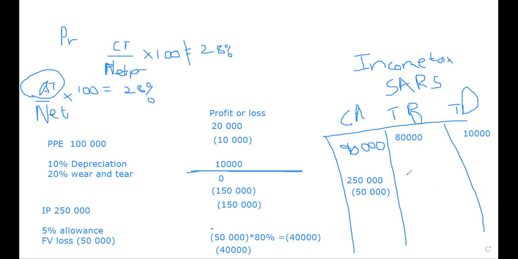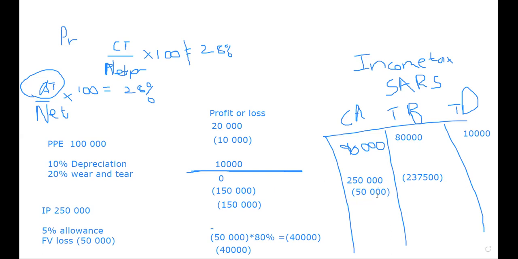So 250 multiplied by 5% gives us 12,500. If you say 250,000 minus 12,500, that gives us an amount of 237,500. So that's the tax base.